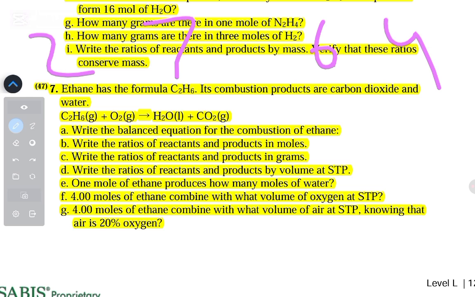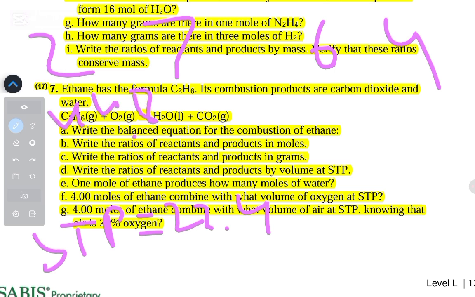STP is 22.4. Now just multiply 2 by 22.4, 7 by 22.4, 6 times 22.4, and 4 by 22.4. If you do it in the calculator, I'm just going to do it really fast. This is going to be 44.8. This is going to be 156.8.